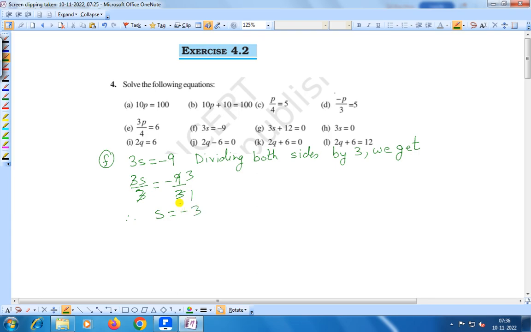Right? Now, question number G. The answer of F is s is equal to minus 3. Question number G is 3s plus 12 is equal to 0.